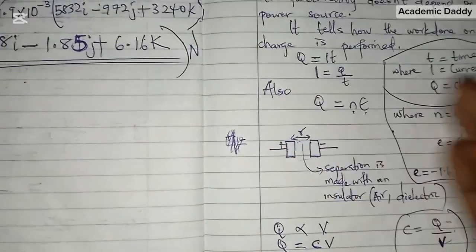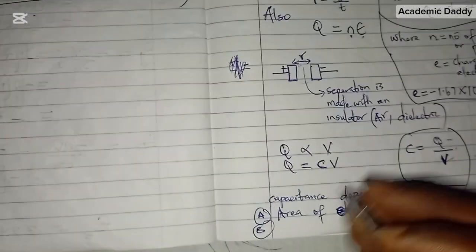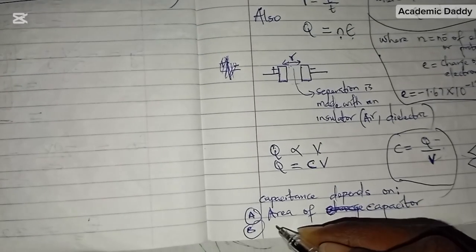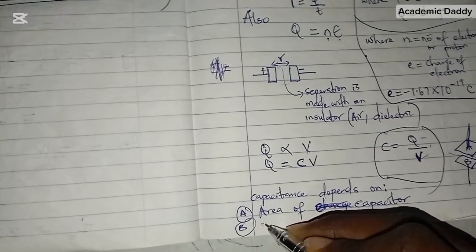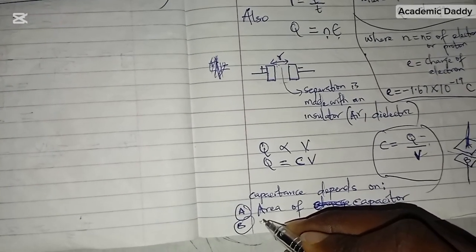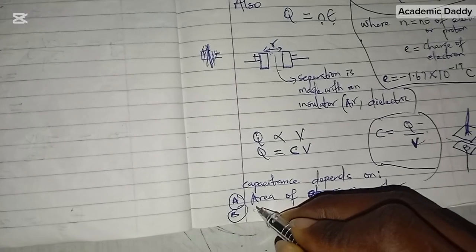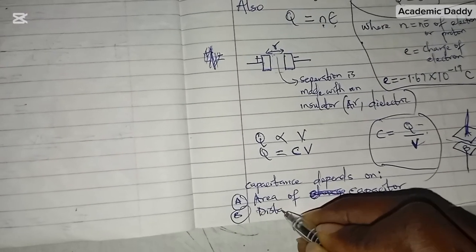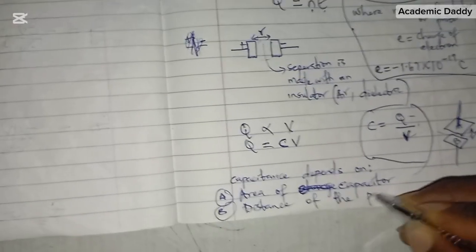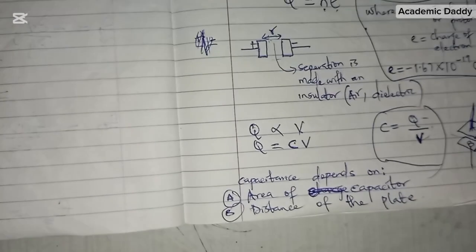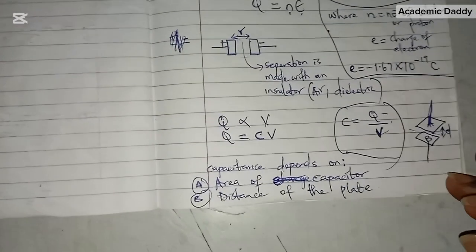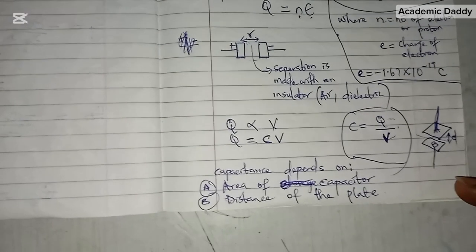So if it is far, the electric field will not be too high. That means the charge storage will drop too. So distance of the parallel plates. These are the two things that determine capacitance.